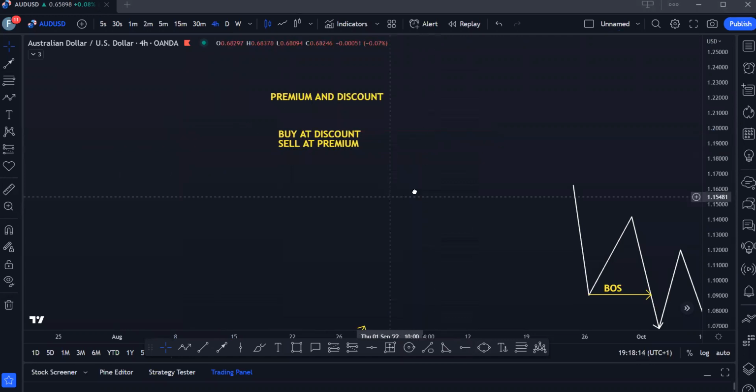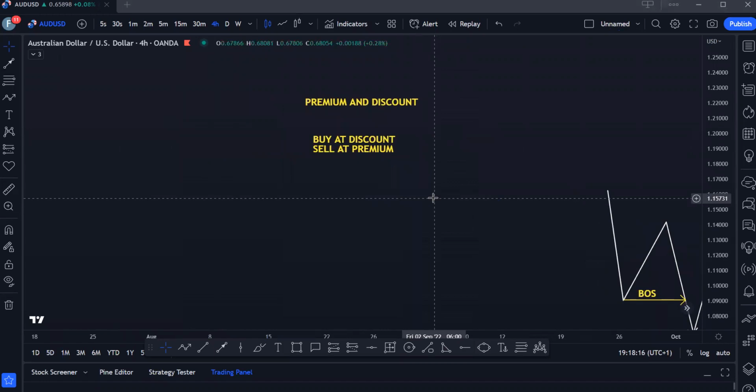Okay, so how many of us here understand the concept of Fibonacci? If you understand Fibonacci, type yes in the chat box. If you don't understand Fibonacci, type no in the chat box. Your knowledge of Fibonacci will help you understand premium and discount zones in the market. Okay, Afolabi doesn't understand, Ambrose doesn't understand.